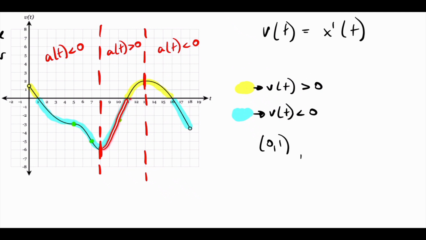That's from 8 to 11. Okay, let me do the last little section here. This is where acceleration is negative. Where is velocity positive? 13 to 16. Yep.